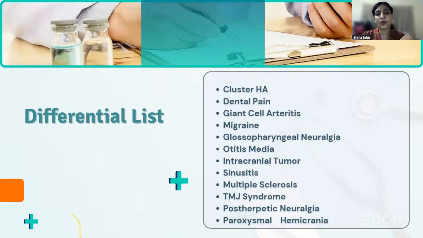Because anything from your pulpitis, your abscess, any type of neuralgia, any type of trigeminal neuralgia, glossopharyngeal neuralgia, postherpetic neuralgia, all this is usually unilateral. So when you get a question, rarely you might get that kind of question, differential diagnosis of unilateral pain, you just have to think and build your answer accordingly.